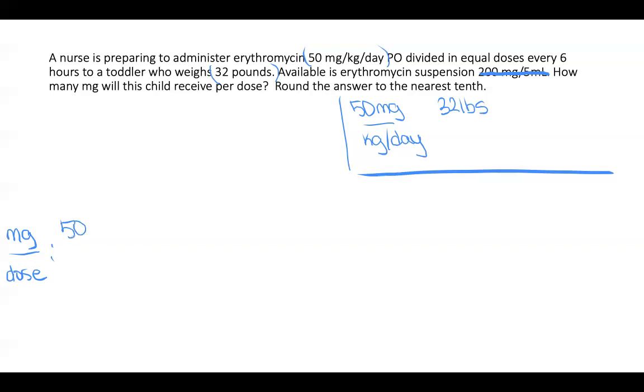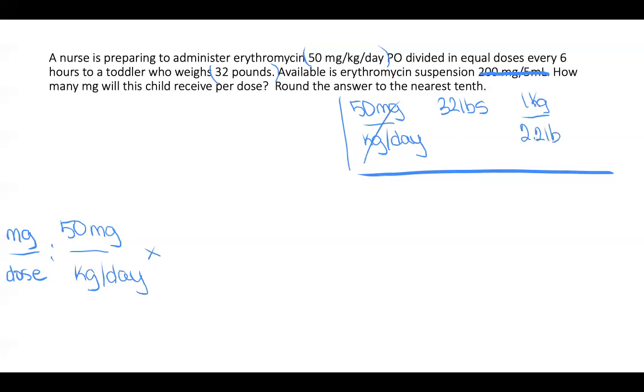50 milligrams over kilograms per day. And cross it out. Okay, so I have kilograms on the bottom. I need kilograms on the top. So I come up to my problem or my box and I don't have kilograms, only have pounds. Not surprised, right?